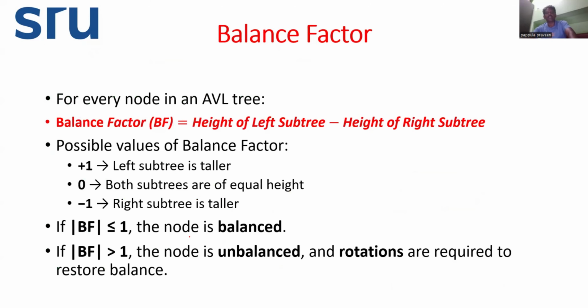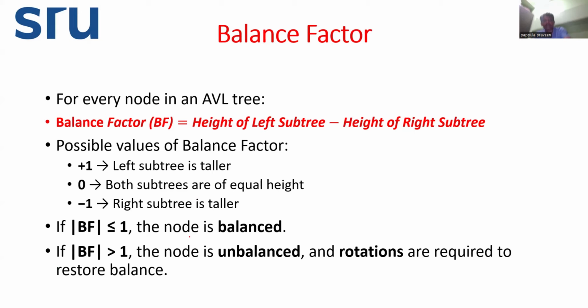Now, self-balancing: already we discussed, |HL| minus |HR| is always less than or equal to 1. For every node in an AVL tree, balance factor equals height of the left subtree minus height of the right subtree.